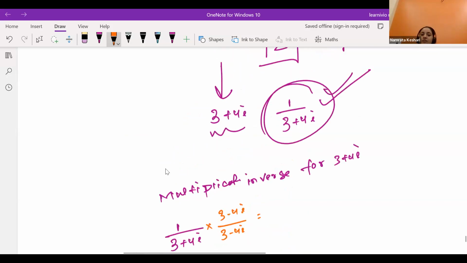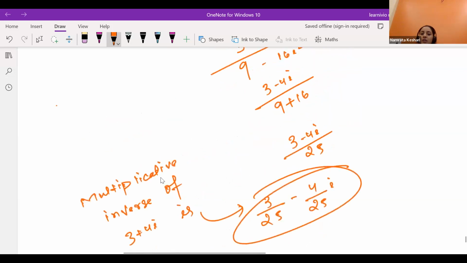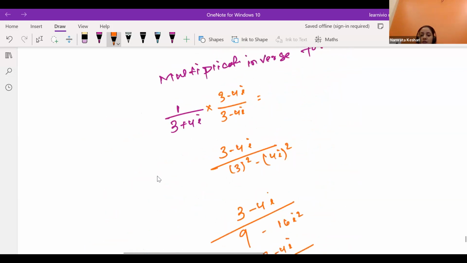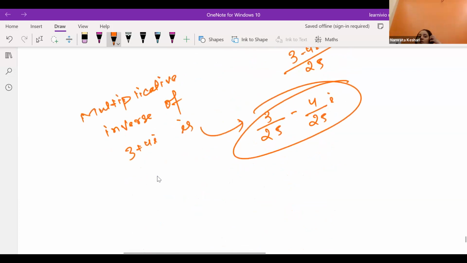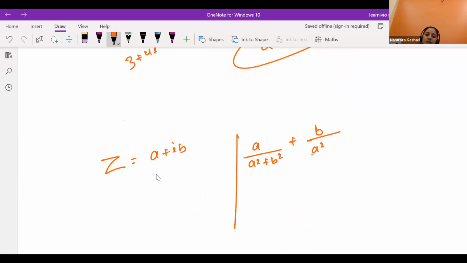Yes, ma'am. We are saying the multiplicative inverse is 1 by z only, but we cannot leave our answer like that. Hence, we are doing all this simplification. Okay. In your book, one statement is there that the multiplicative inverse of z equals a plus ib, whenever we are having it, is written directly as a by a square plus b square plus b by a square plus b square i.